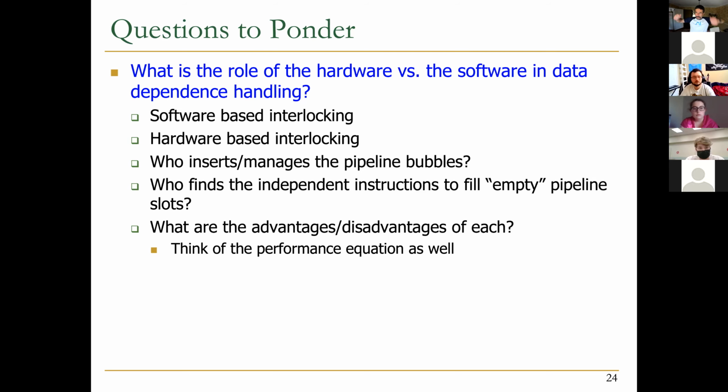Both of these changes may result in the same execution time, or may not, but obviously they have some performance consequences and some cost that we need to pay. So the software approach may be easier because we don't need to add hardware pieces, so it would result in a lower hardware cost, but it means that the compiler should be more sophisticated and so on. So, a trade-off again.